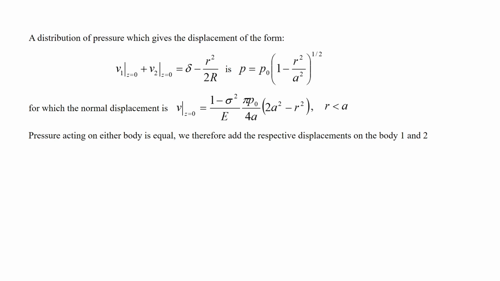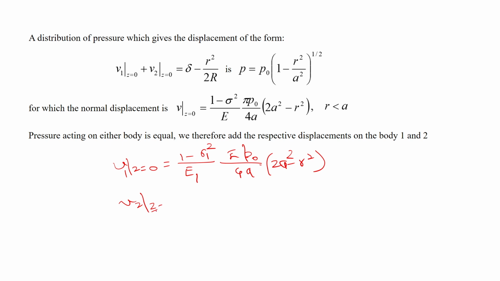For example, we can write V 1 at z equal to 0 is equal to (1 minus sigma 1 square) by E 1 into pi p 0 by 4 a into (2 a square minus r square), and V 2 at z equal to 0 is equal to (1 minus sigma 2 square) by E 2 into pi p 0 by 4 a into (2 a square minus r square).